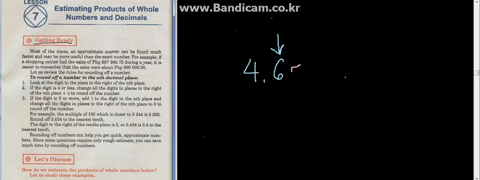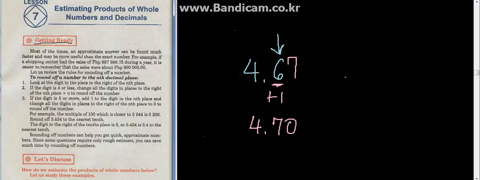So if the digit to the right of the nth place, the 10th place, is 5 or more, add 1 to the digit in the 10th place, and change all the digits in places to the right of the nth place, all the digits to the right of the 10th place, to 0 to round off the number. So the result will be 4 and 70 hundredths, right?